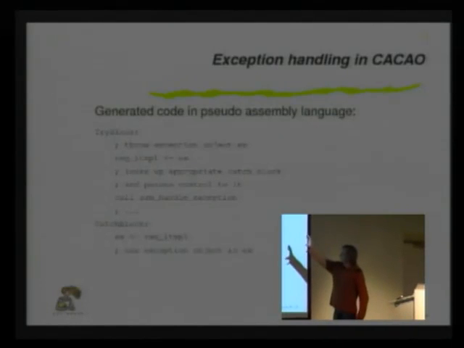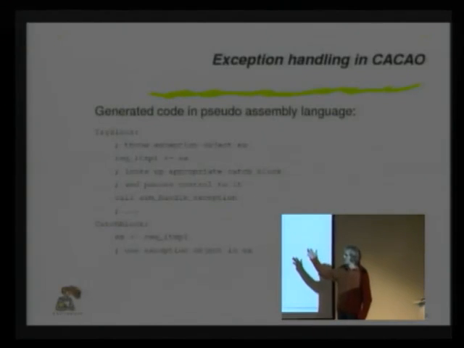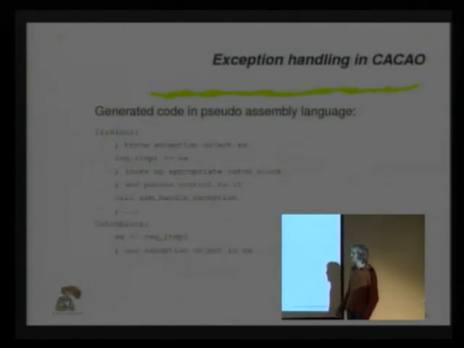Suppose you have a try block, and in this try block you throw an exception, then this exception object is put into a special integer register, namely scratch register 1, and a special function implemented in assembly language is invoked.